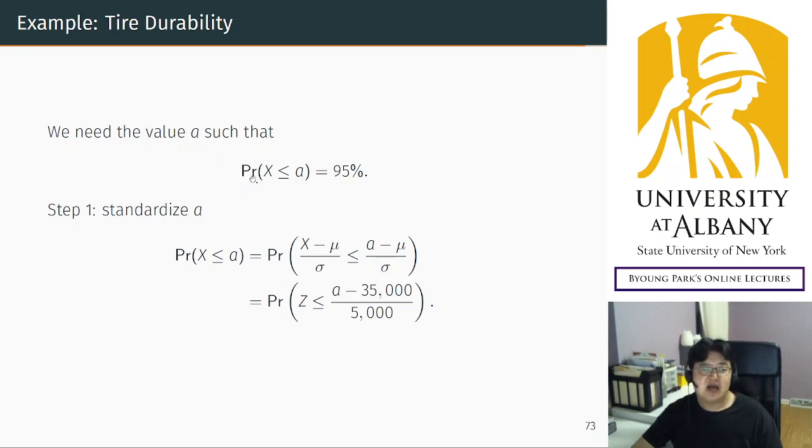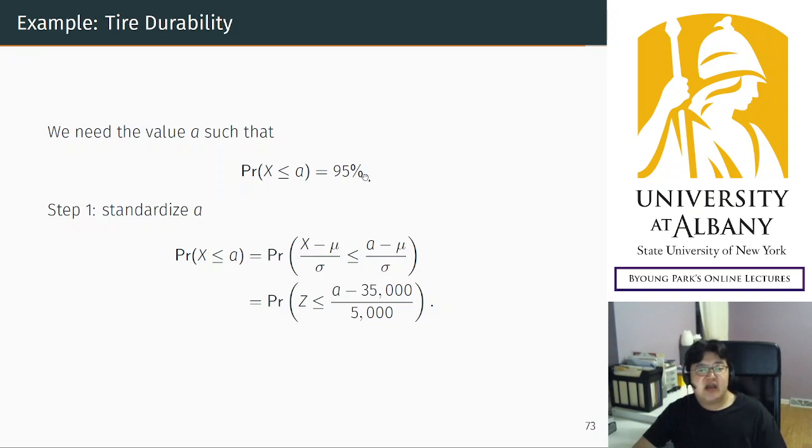And then standardize this probability. Standardize inside the probability. So standardize X into Z and A into A minus mu over sigma. Then you get this. And again, we do not know A, so we cannot do anything more than this. So this is it.